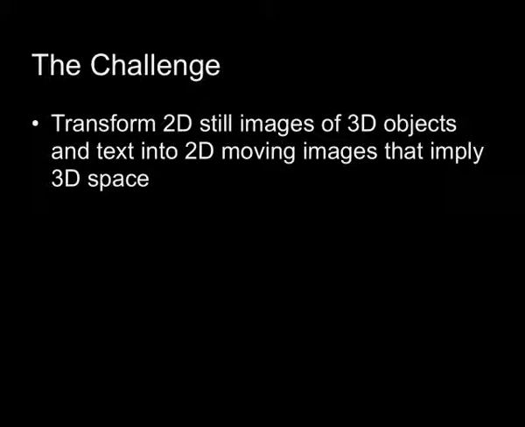So your challenge then, and part of which you will start to work on today, is how do you transform two-dimensional images of three-dimensional objects and text into two-dimensional moving images that imply three-dimensional space?